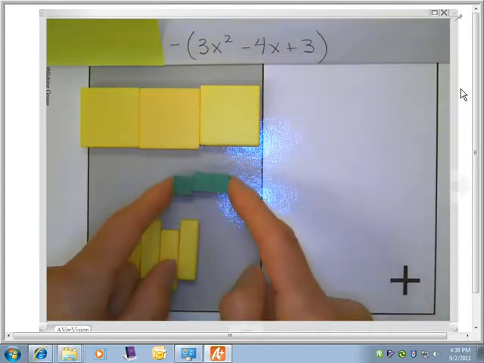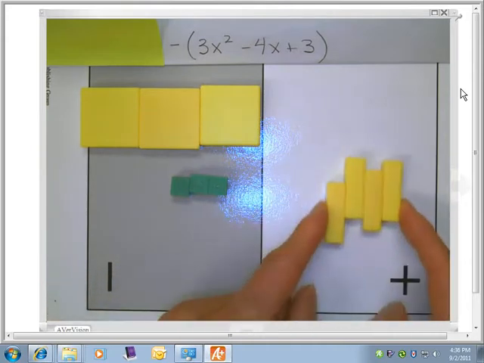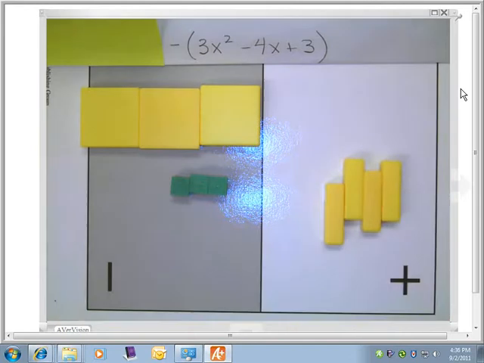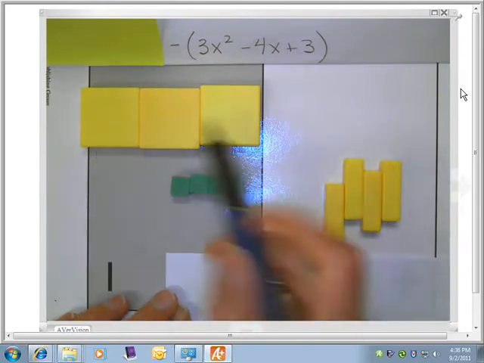I'm going to take these that were in the negative and move them to the positive. Okay, so what does that give us?